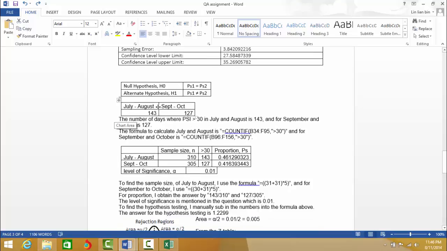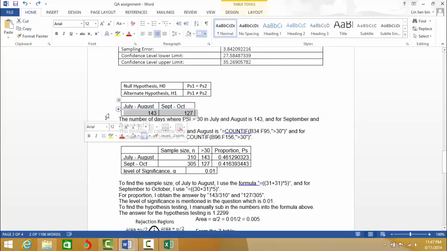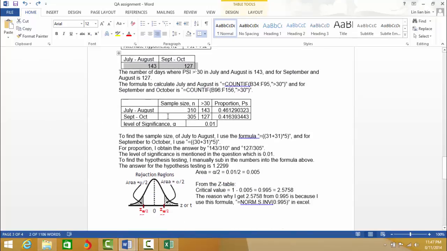So this is the July to August and September to October data, the maximum data that was recorded with PSI higher than 30. Yeah, so this is shown in the Word document, and the formula is calculated using this, where we select the whole entire data and find the PSI which is more than 30.